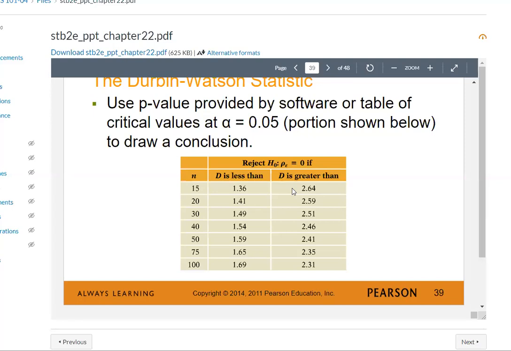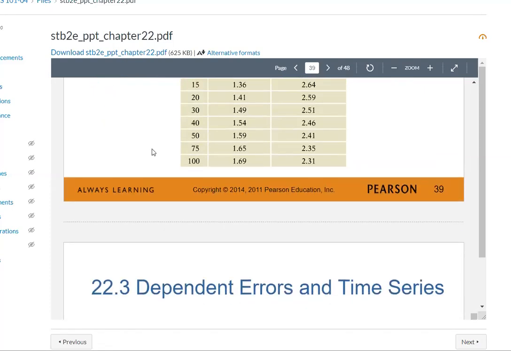It's easier to remember that if D is close to 2, look, 2 is between these two columns. All of them have a lower and upper bound around 2. So if your Durbin-Watson value is between these two columns, residuals are independent. If it's equal or outside, less than 1 point something or more than 2 point something, residuals are not independent.